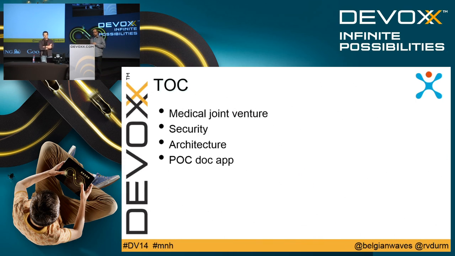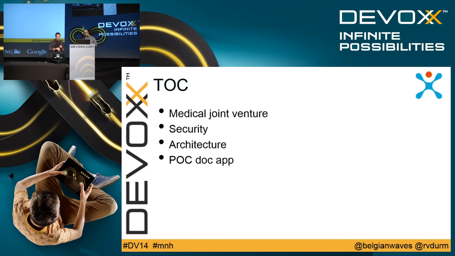Today we would like to speak about mobile software we are developing for the Nexuz Health medical joint venture. I will first elaborate on what that exactly is. Then I will give some high-level idea of the security measures we have to take because we are working with patient data.